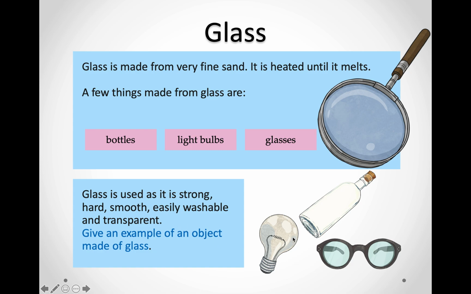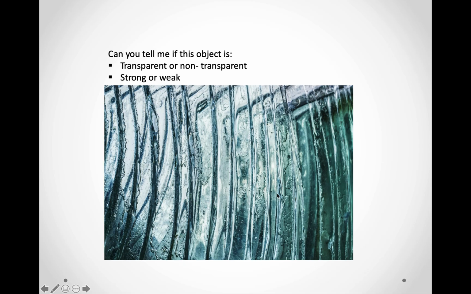It is also transparent. If we look at this image, is it transparent or non-transparent? Amazing! It is transparent. And is it strong or weak? Well done. It is strong.